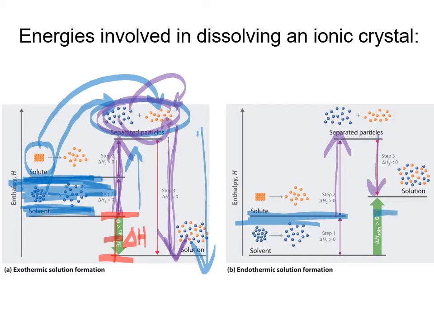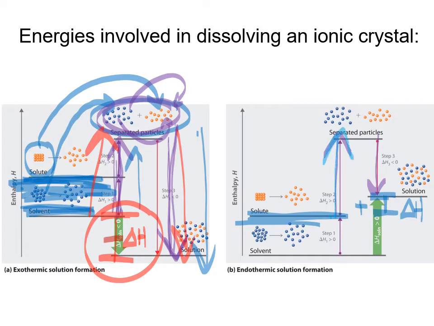So in that case, your delta H, the heat of solution, is a positive value. So that's an endothermic reaction. So sometimes dissolving crystals is an exothermic reaction because the sum between the energy in versus the energy out is a negative value. And sometimes the delta H is going to be positive because the energy in is more than the energy out, and so the sum ends up being an endothermic change.